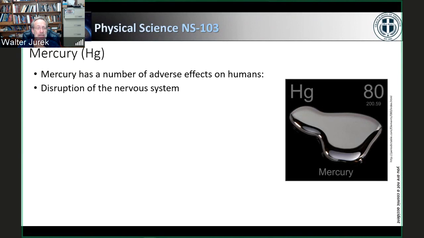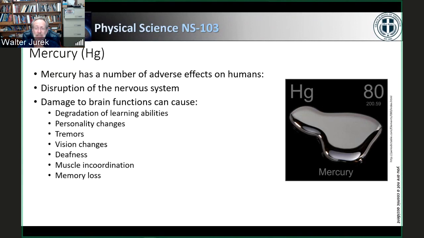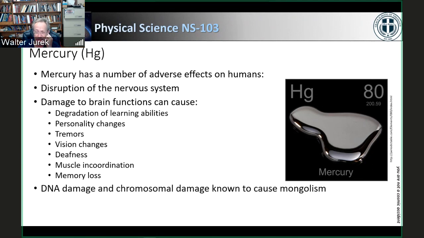It can damage the brain, causing degradation of learning abilities, personality changes, tremors, vision changes, deafness, loss of muscle coordination, memory loss. If you notice these things, it could be mercury or you just could be getting old. Anyway, it can damage our DNA, and we can also get allergic reactions.